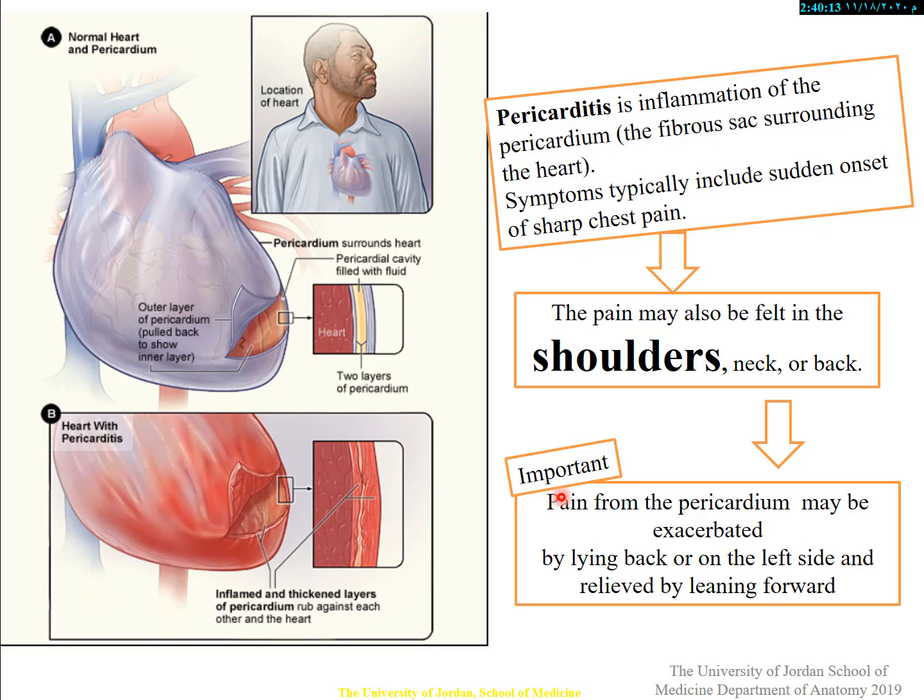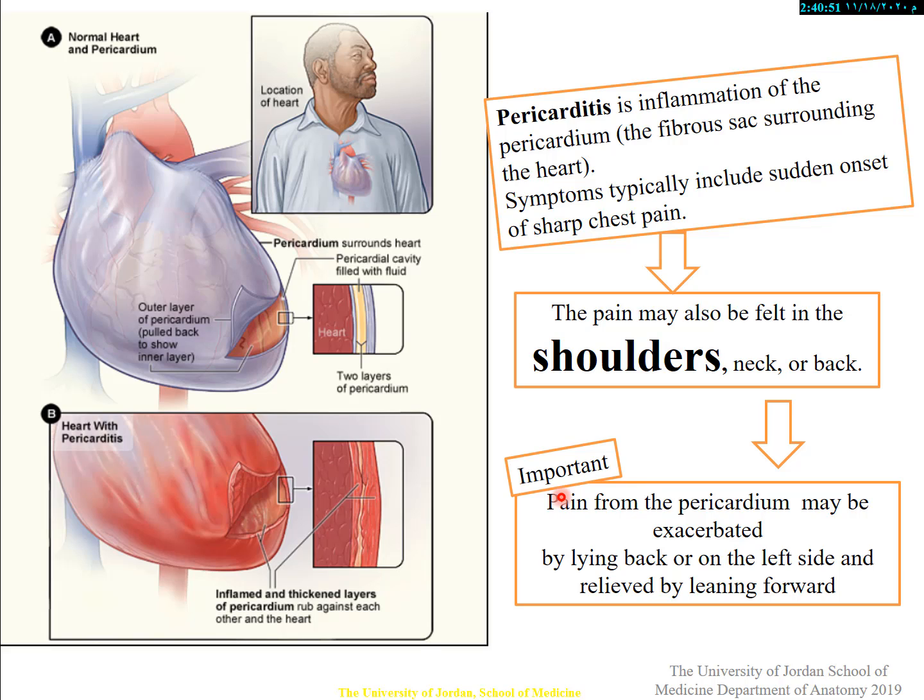If you settle down and you think that this is pericarditis, then you should ask the patient to lean backward. If the pain gets worse, this would give you more indication that it is pericarditis, especially if, when you ask him to lean forward, the pain is getting better, less, I mean. So then you can ask for an x-ray, and you can listen to the pericardium. This is the way we evolve our diagnosis.